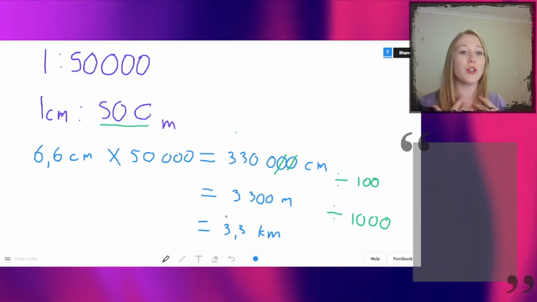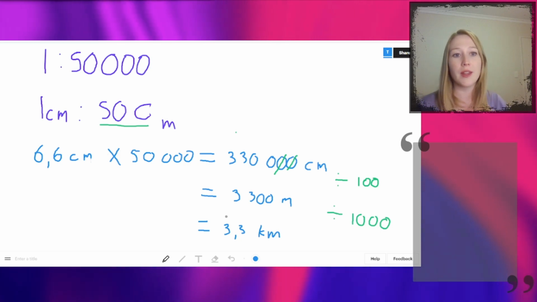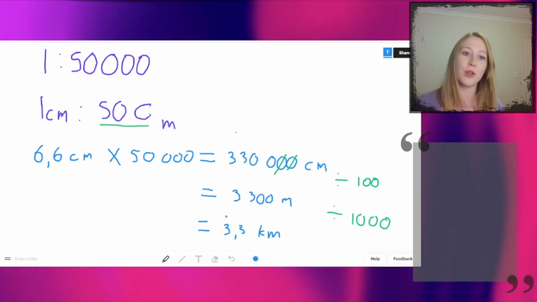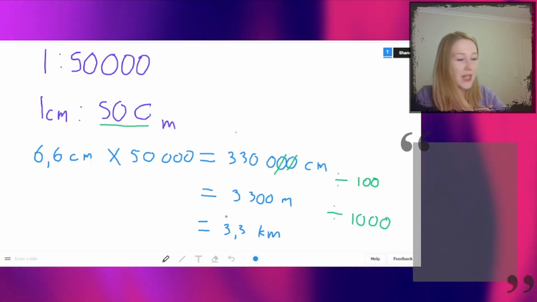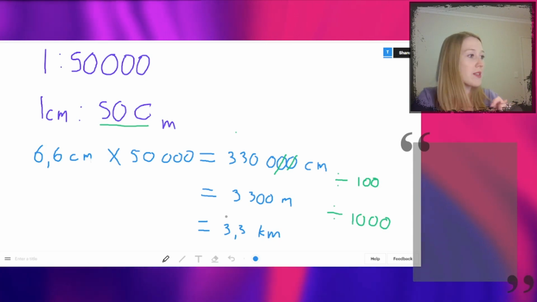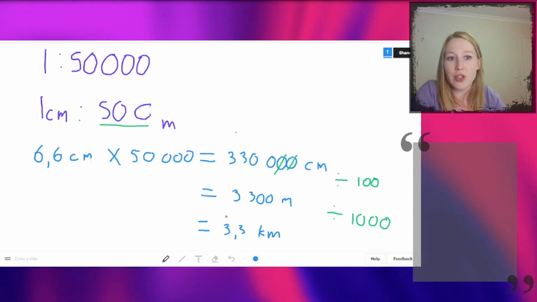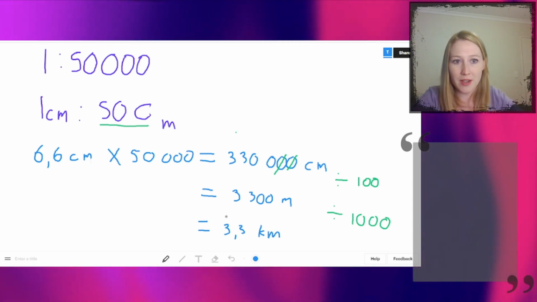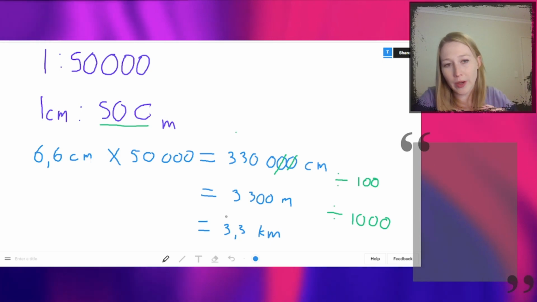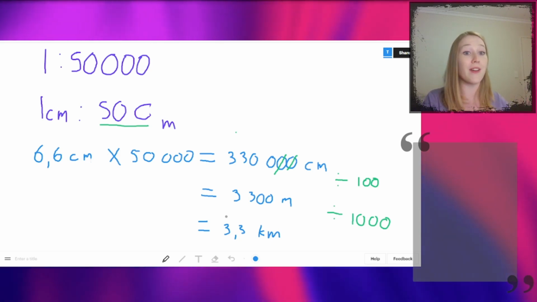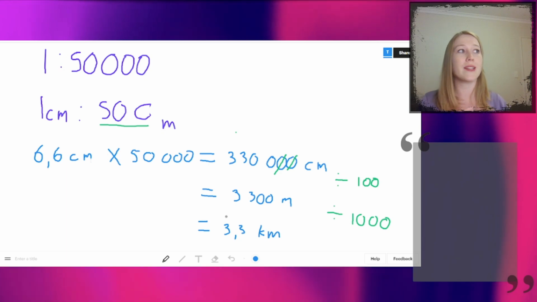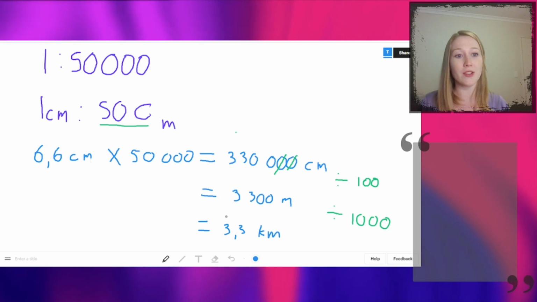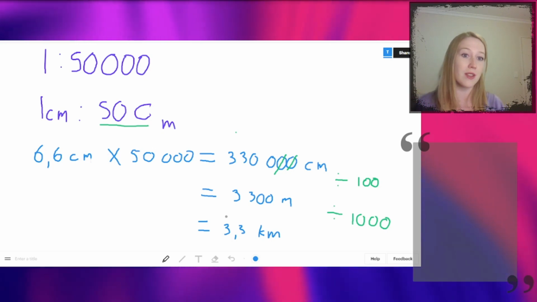What units you choose to convert to can depend on the question. So if finding the distance is all you had to do, like if you just had to find the distance between the 2 points and the question said convert to kilometers or convert to meters or whatever else, then that's 100%. Sometimes a question is lining you up for another question. So let's say you are doing a section on gradients and in gradients, you prefer to have your units the same.